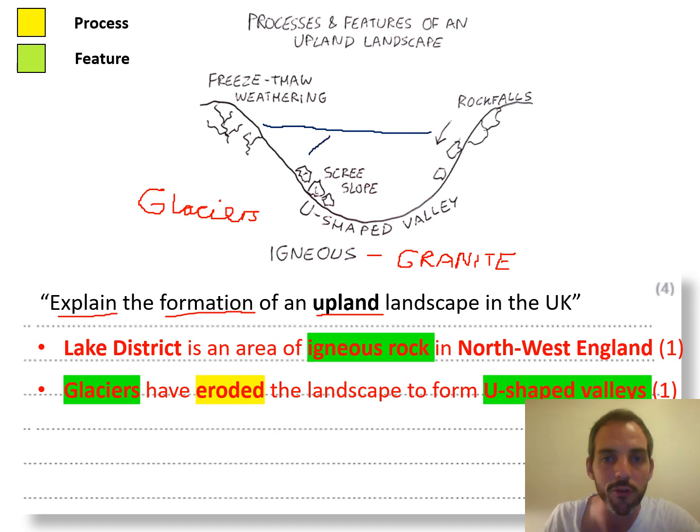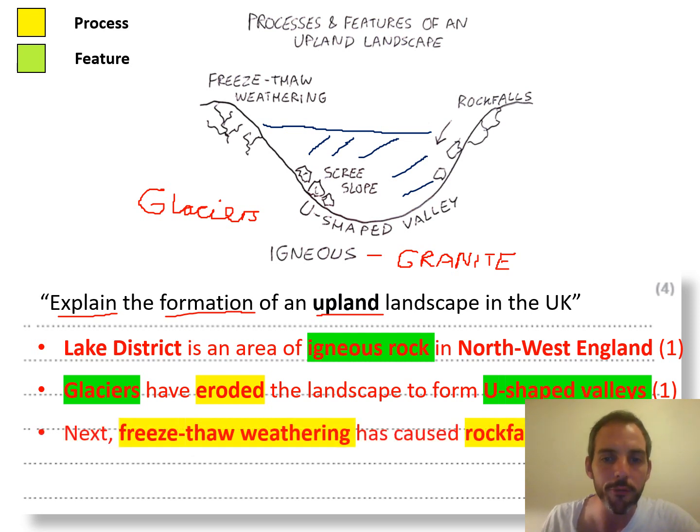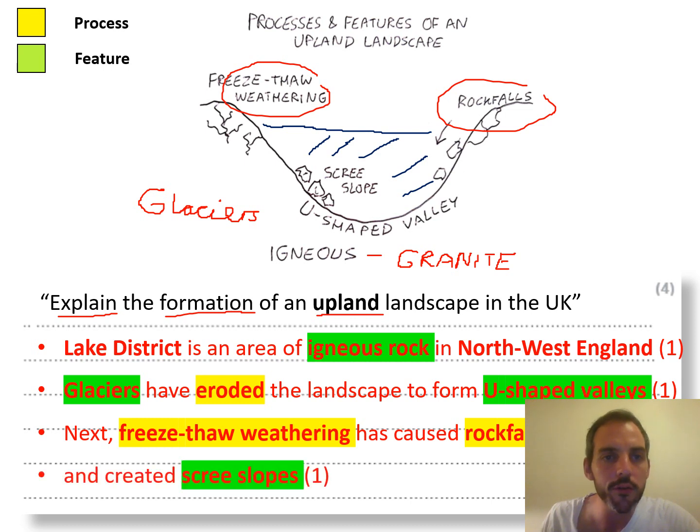You could have perhaps just added it in if you wanted to. The third mark: freeze-thaw weathering has caused rock falls. So again, we've got a process, and rock falls is I guess a process, and then the final feature has created scree slopes. Give yourself a mark out of 4 and see if you can correct that.